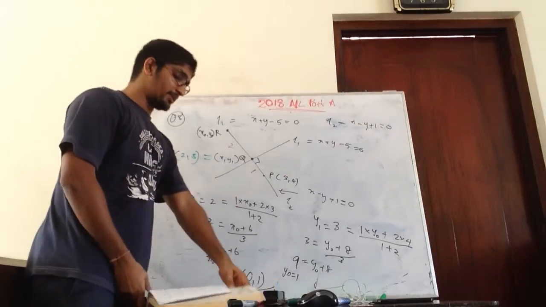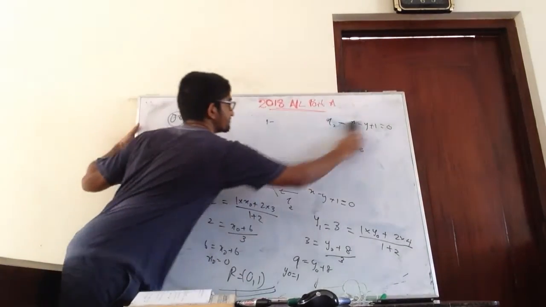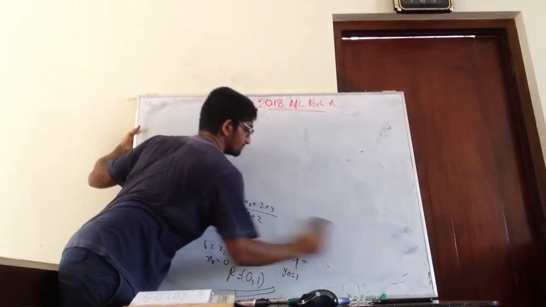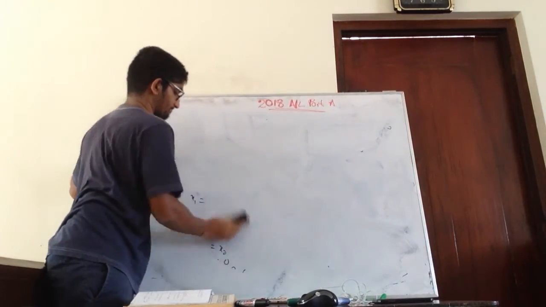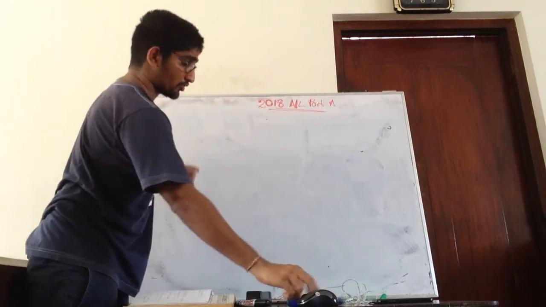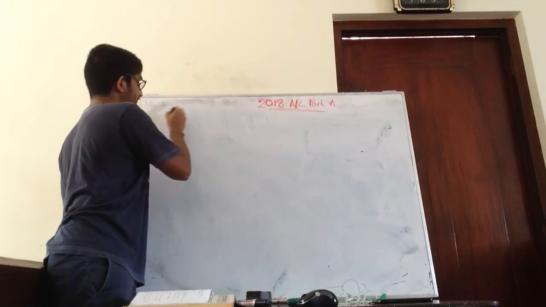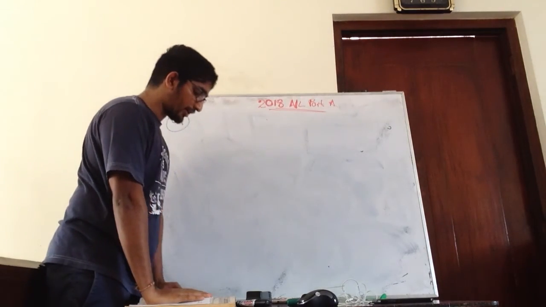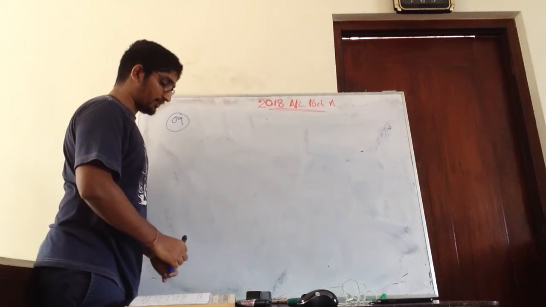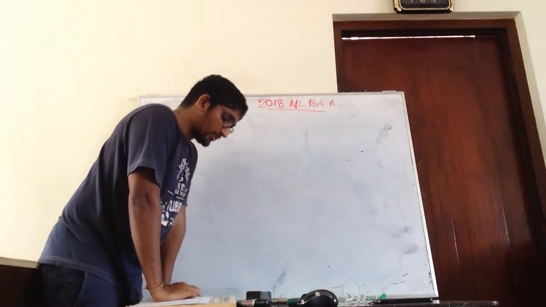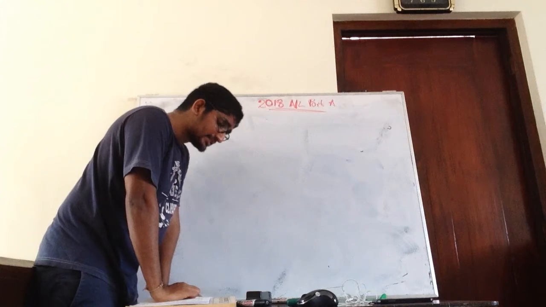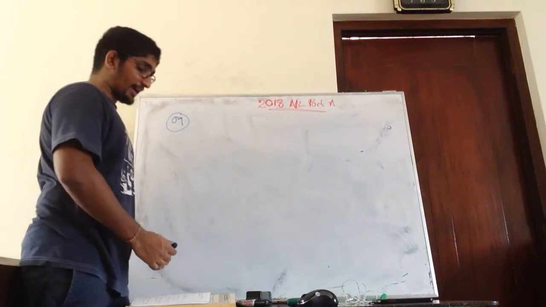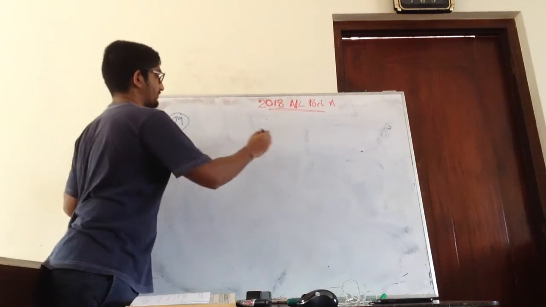Right, so question number 9. Question number 9 says let P equal 1, 2 and Q equal 7, 10. Write down the values of the constants A, B such that the equation of the circle with P, Q as the ends of a diameter.